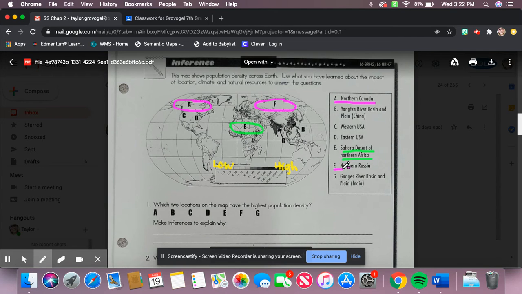Location F says it's northern Russia. Again, use that prior knowledge to answer this question. Why do you think that climate is probably a likely factor to why not a lot of people live in these areas? Go ahead and pause the video and click play when you're ready to move on to the next question.